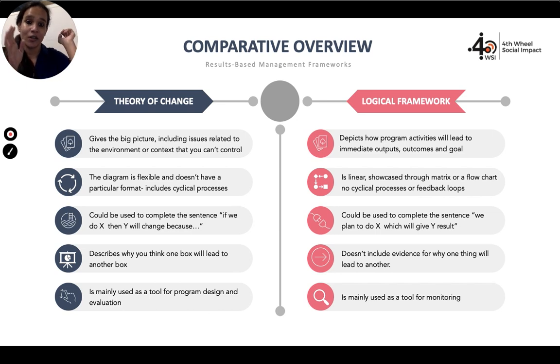So again, to point out, it's quite linear, whereas a theory of change is cyclical, has a lot of feedback loops, and also gives you room to really explain why one outcome will lead to the other outcome. Whereas with a logical framework, while you can create a narrative of change, it doesn't really give you the room to create evidence as to why one thing leads to the other or doesn't.